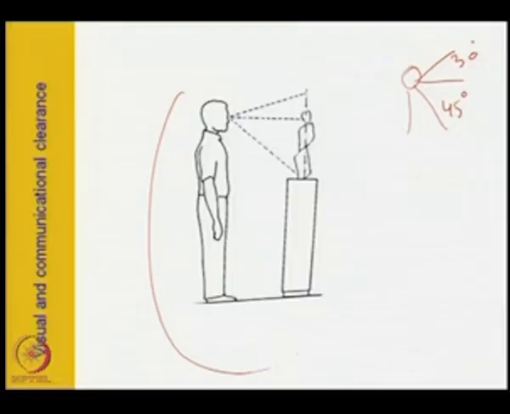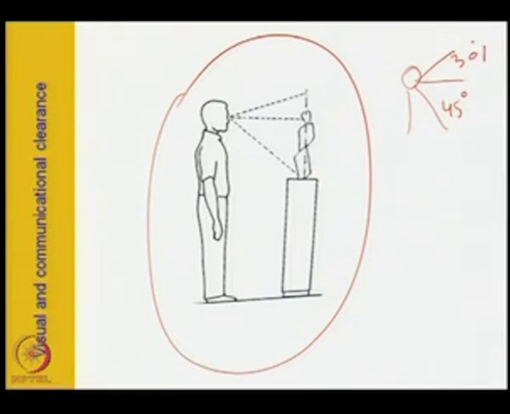As for example, this is one exhibition area. Roughly we can say if this is 1, then this may be 2 units, or we can say 1 by 3 and 2 by 3rd. So, 30 degrees and 45 degrees we can divide like this roughly.